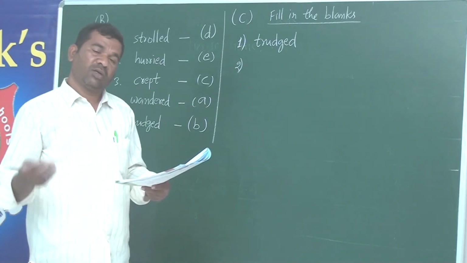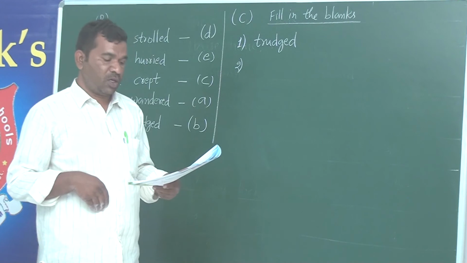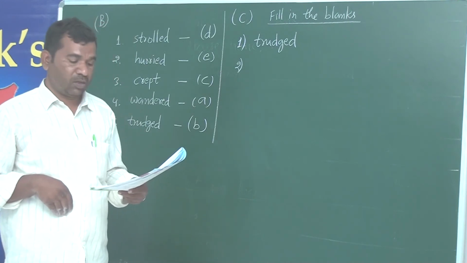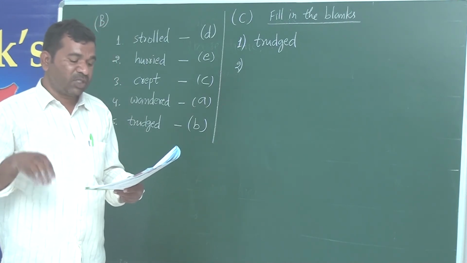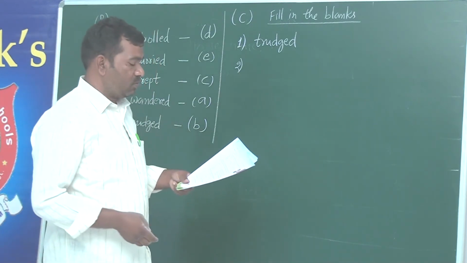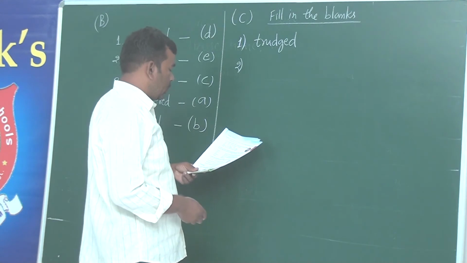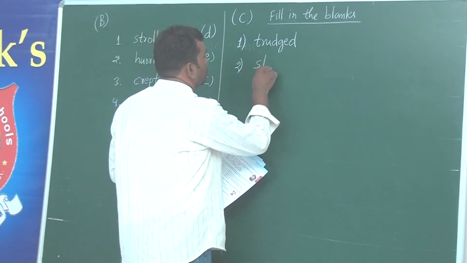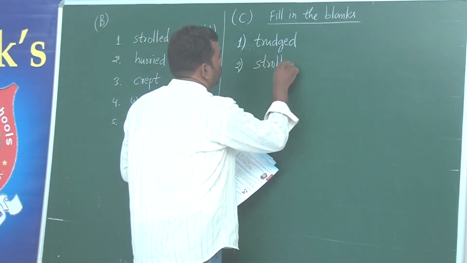Understand? People usually go for a walk to please themselves, after dinner. So that is called stroll. B1. Stroll.